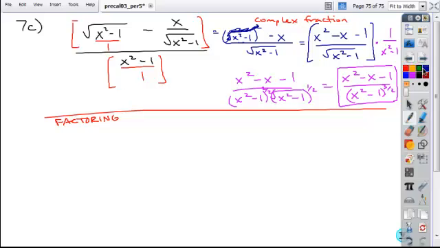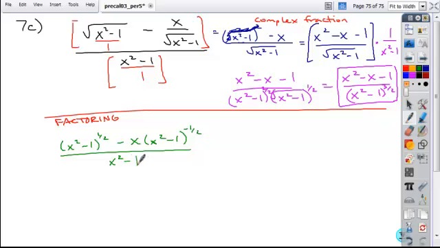So if we look at this expression here and rewrite everything as a rational power, the square root is a power of 1/2, minus x times the square root of x squared minus 1, which has a power of 1/2, but it's in the denominator, so what else do we need to do to that power? Negative. And then that's all over x squared minus 1.